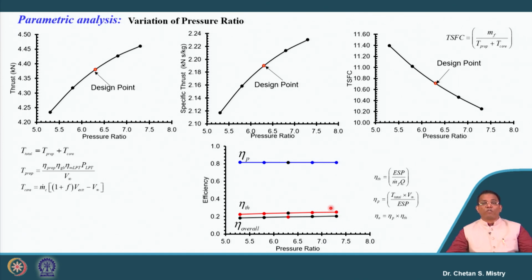But at the same time, the temperature at the exit of my compressor makes the difference in terms of work as well as my heat input. And here this is representing our propulsive efficiency. And in overall sense, with increase of our pressure ratio, the overall efficiency of the engine will be increasing.